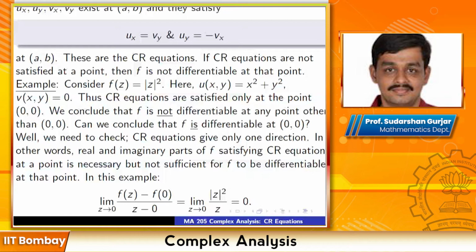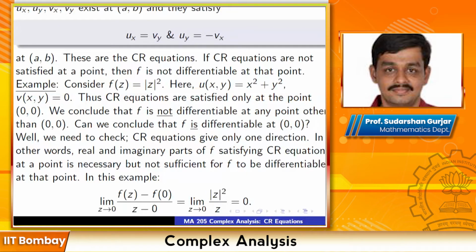This is a simple example, so we can explicitly compute the limit. So what is the limit of (f(z) minus f(0)) upon (z minus 0)? This is the limit of mod z squared upon z as z tends to 0, and this is equal to 0, right?